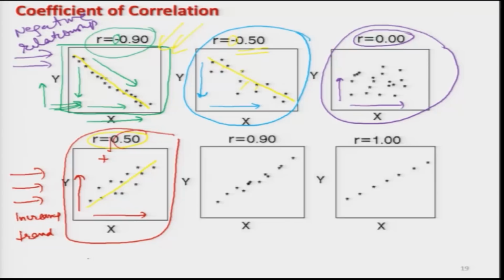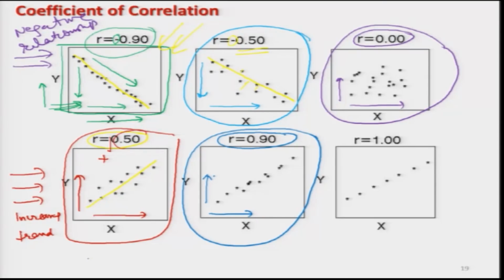And similarly, if I increase the value of the correlation coefficient, something like r equal to 0.90, the sign is positive in this picture, and you can see that as the values of x are increasing, the values of y are also increasing, and the trend line will be like this.